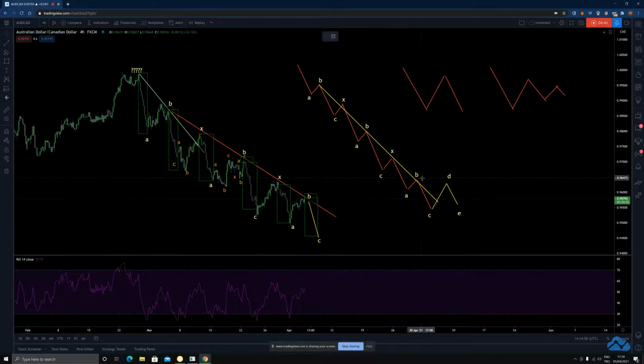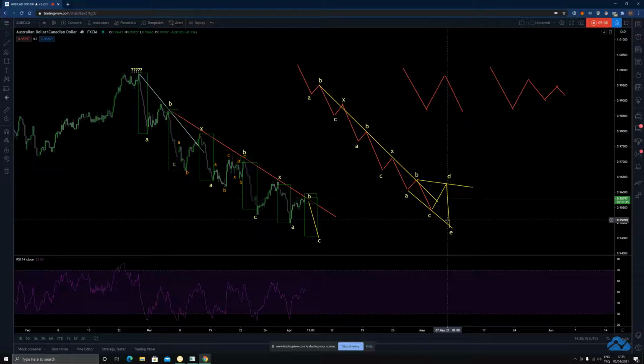Now that changes things. Because now, at the third, let's do it like this. See, in that case, our triangle should be something like this. Something like this. It can be. In this case, what I drew is actually not so good because it's an expanding triangle, but it can be a contracting triangle as well.